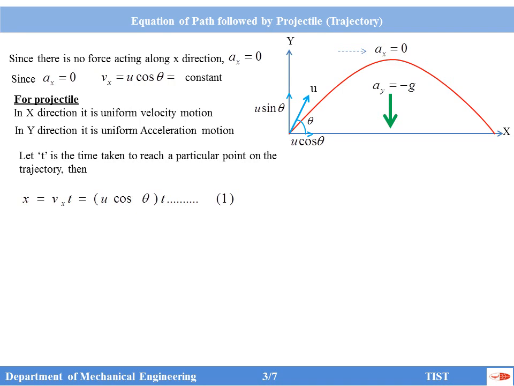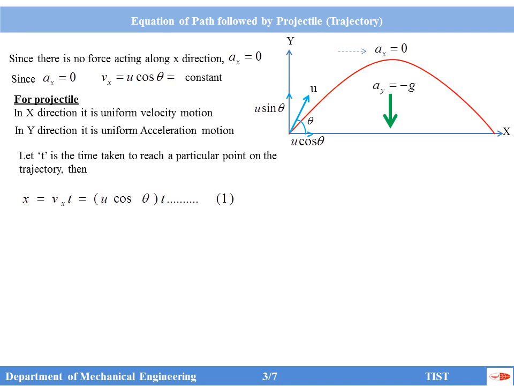Now go to the y direction motion. We can always use the three equations, as we studied in the kinematics of rectilinear translation. So v equal to u plus at, s is equal to ut plus half at square, v square equal to u square plus 2as. Now when you are using these for a curvilinear or 2D motion, you have to replace like vx equal to ux plus ax t, like that.